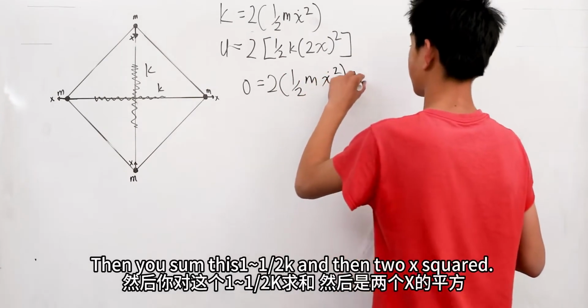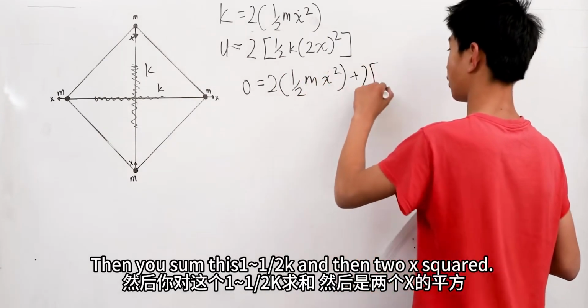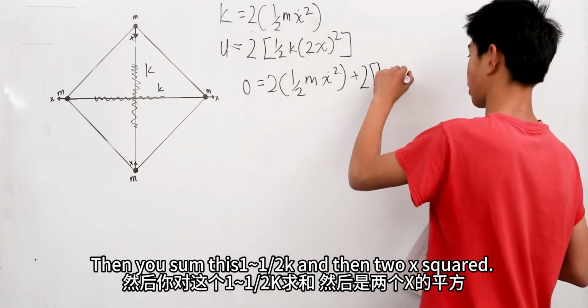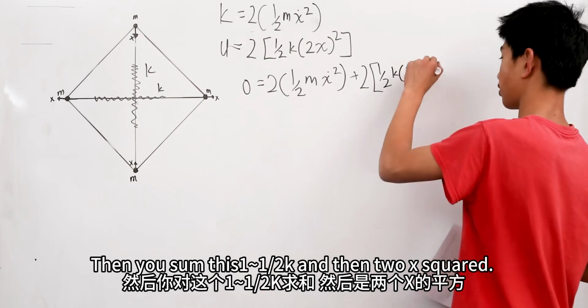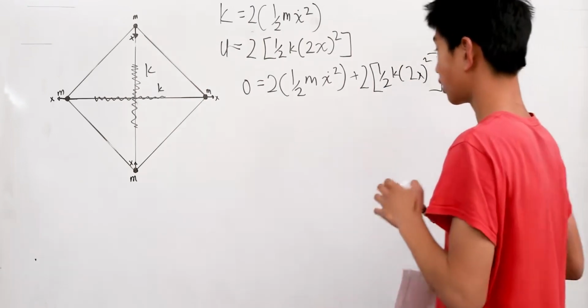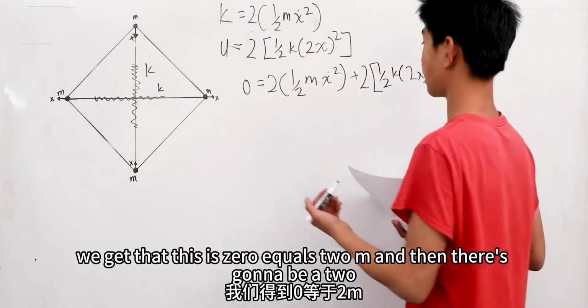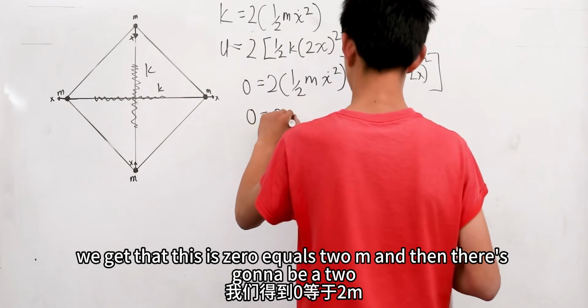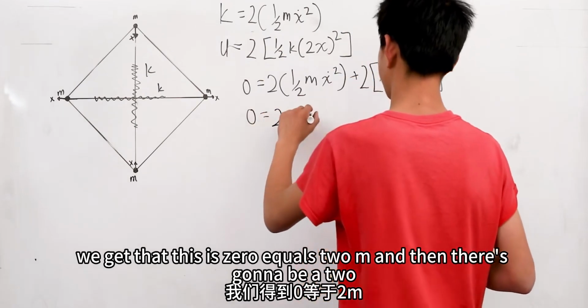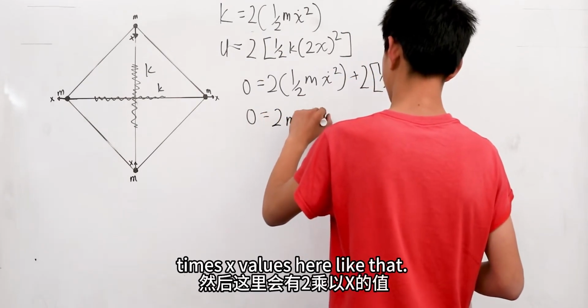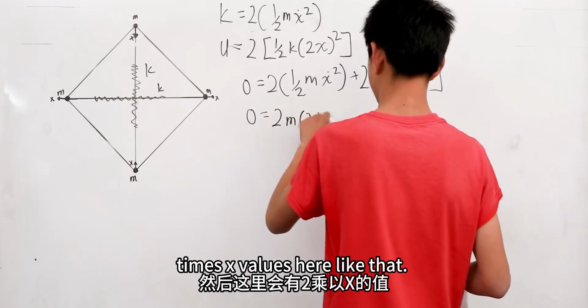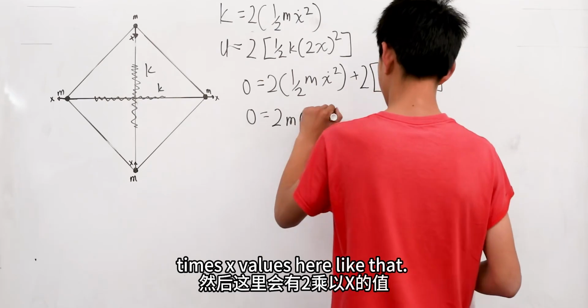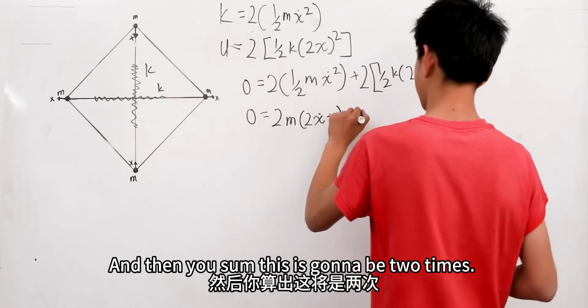And then you sum this one to 1/2 k and then 2x squared. When we simplify this, we get that 0 equals 2m, and then there's going to be a 2 times our x values here. Like that, and then you sum this.